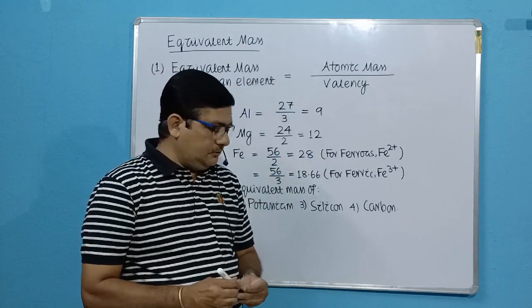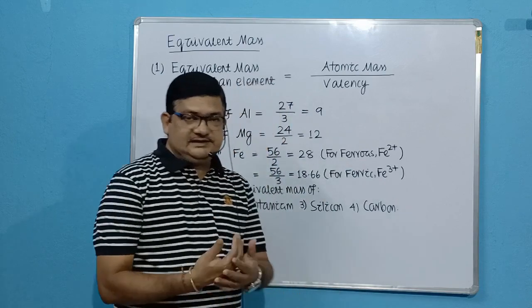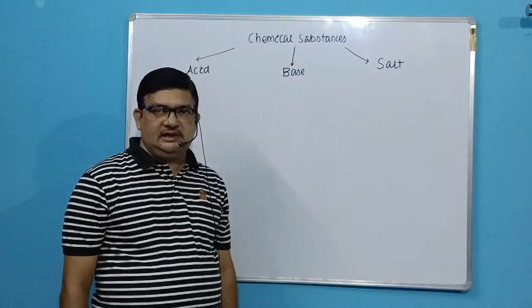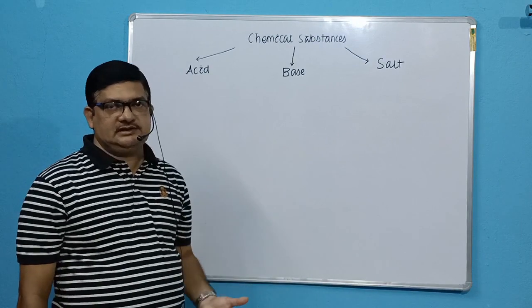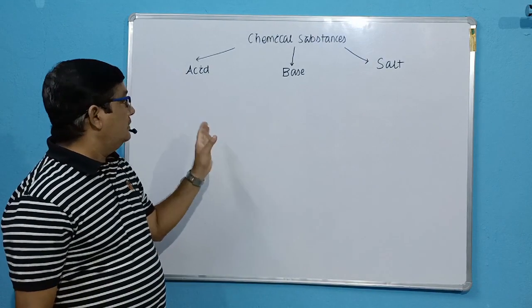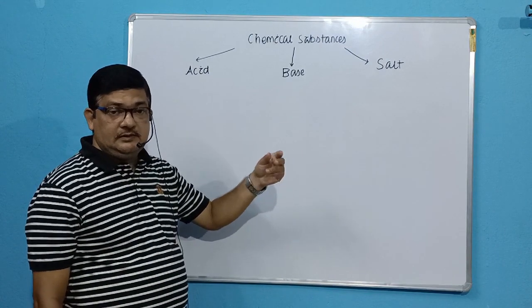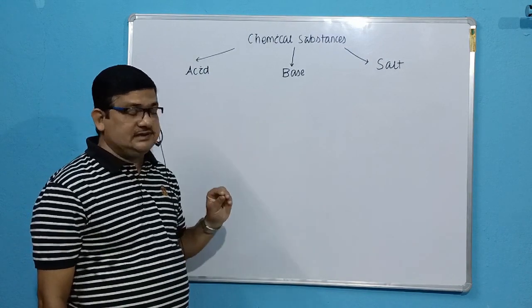So next we will be going to acids, bases and salts. Before going to the next set of formulae, first let us know what is an acid, base or salt. Accordingly, we will write down the formula for these three.